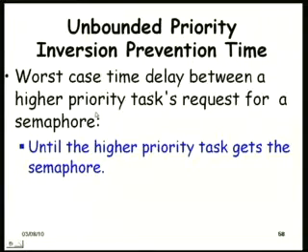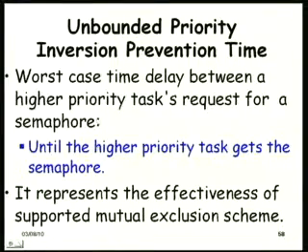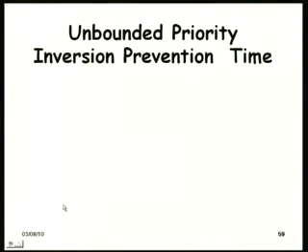Unbounded priority inversion will occur and it will take a long time. So, this parameter represents the effectiveness of the supported mutual exclusion scheme, or what is the scheme used to avoid unbounded priority inversion? Is it just an inheritance mechanism? Is it a ceiling protocol, locker protocol, etc.? Or does the ordinary operating system not do anything specific as far as requests by a higher priority task are concerned?